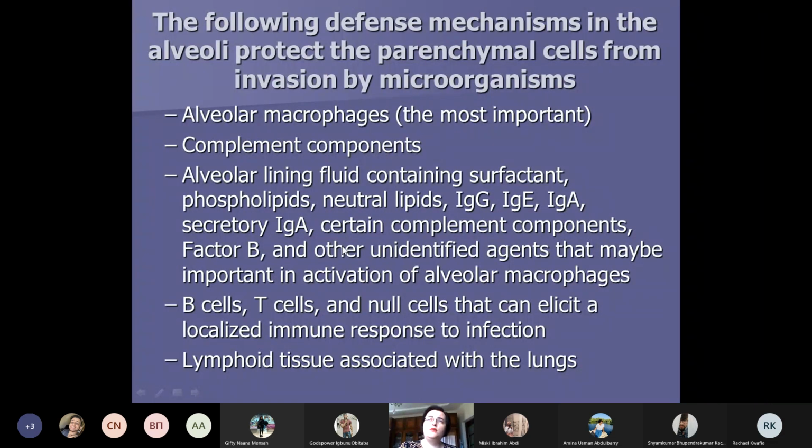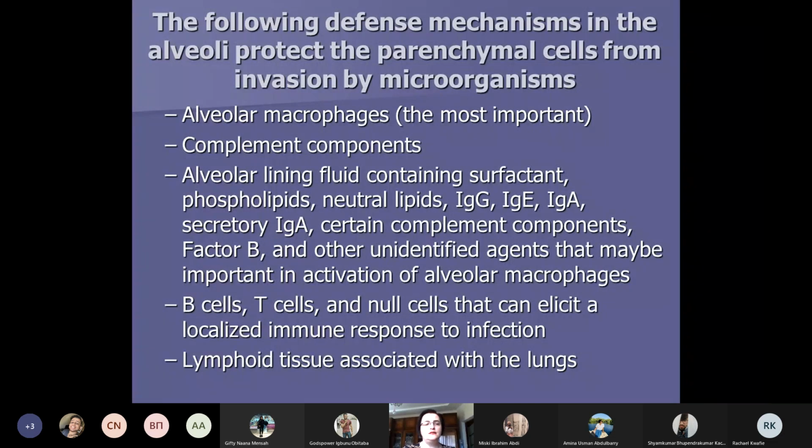We cannot speak about respiratory infection without the possible mechanisms of defense that the agents produce during their own development.